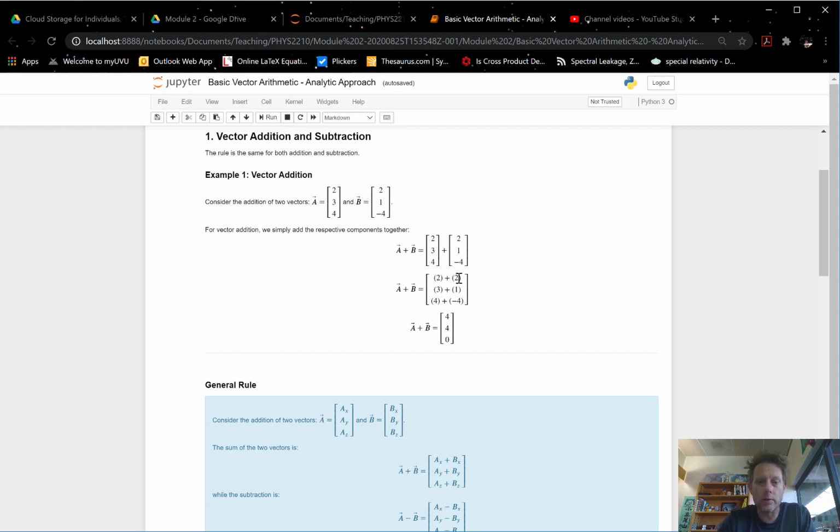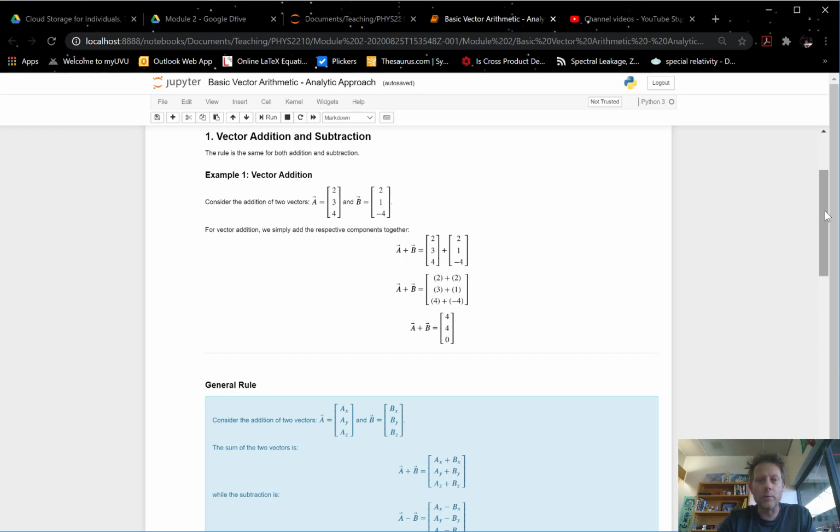So it's 2 plus 2, which gives us 4. Similarly, we get 3 plus 1, which gives us 4, and we add negative 4 to 4, which gives us 0. So we just treat them like number arithmetic, which is nice. So the result of adding those two vectors together will be 4, 4, and 0. So relatively straightforward, right?